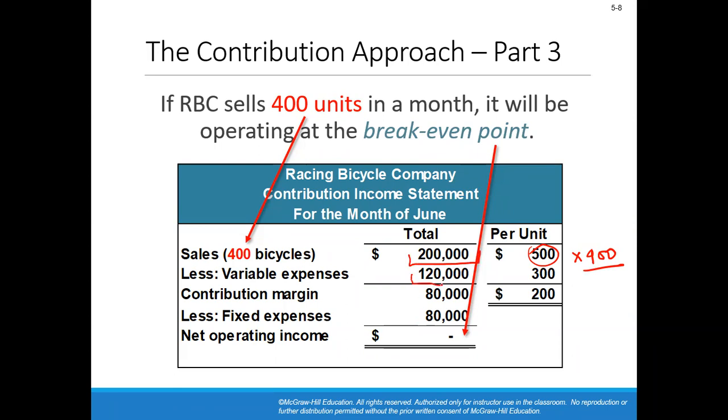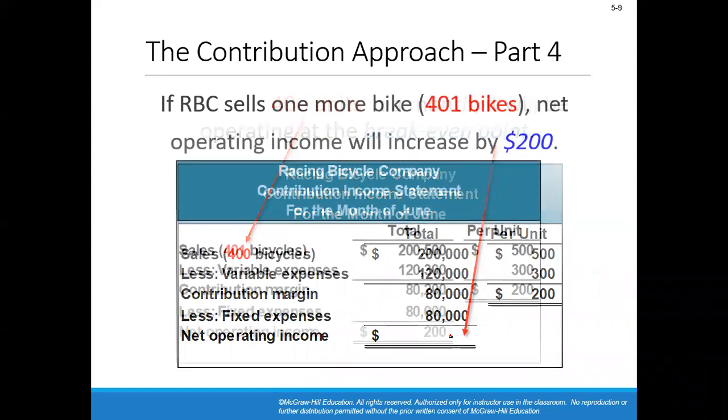We have variable expenses of 120,000 for 400 bicycles, and the remaining contribution margin of 80,000. The contribution margin now equals the fixed expenses, so the remaining is 0, because our contribution margin has been eaten up by the fixed expenses we have incurred.